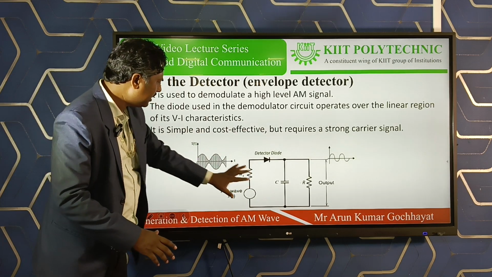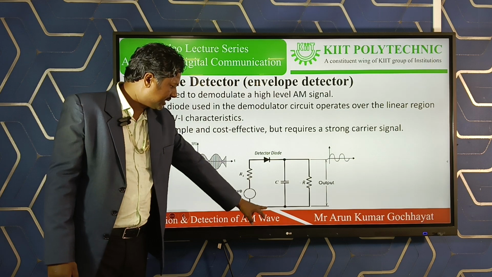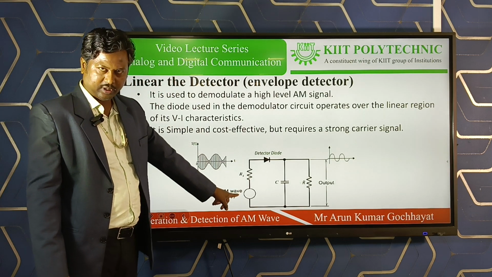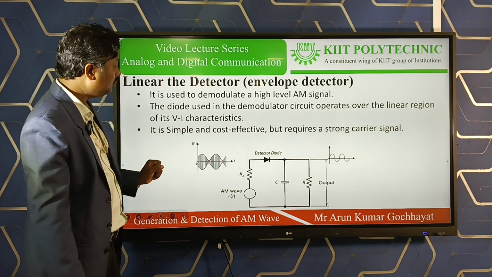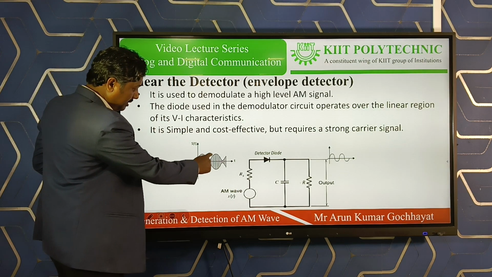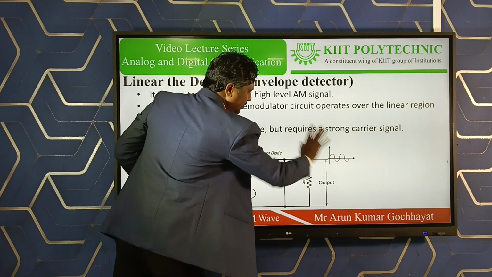So if you look over here, what would happen? As no extra DC source is connected in series with the input AC source, during the positive half, the diode moves to forward bias and it provides you a certain signal.